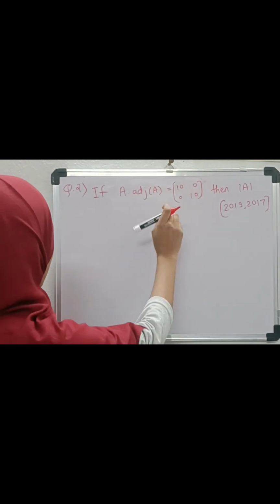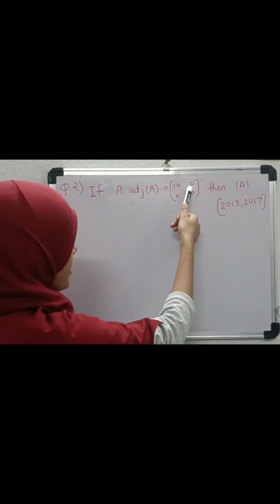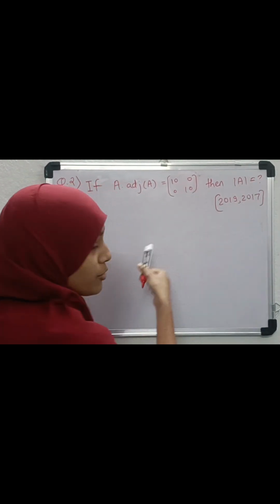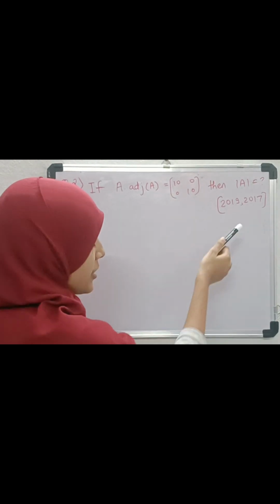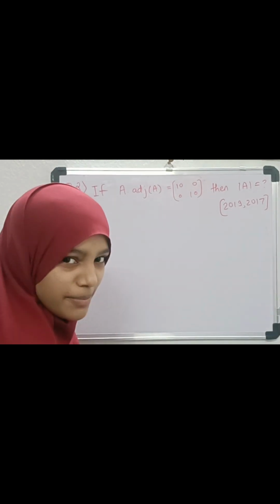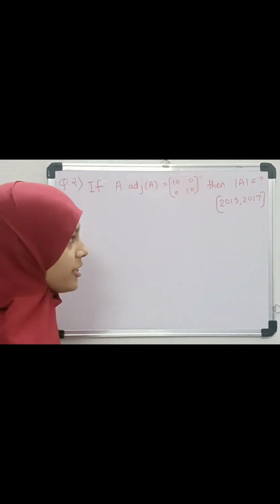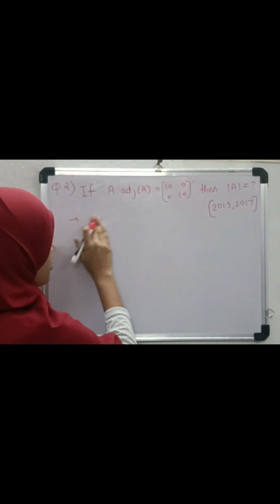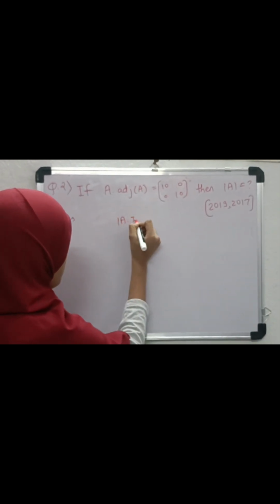Here we have, if A into adjoint of A is 10 0 0 10, then we have to find the determinant of A. This question was repeated in 2017 and 2019. This is a very simple question using our short trick. We know A into adjoint of A is nothing but determinant of A into In.